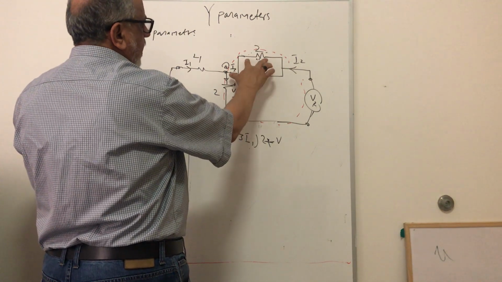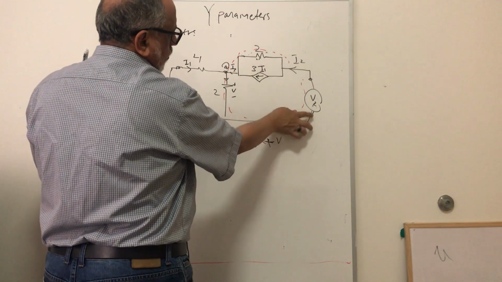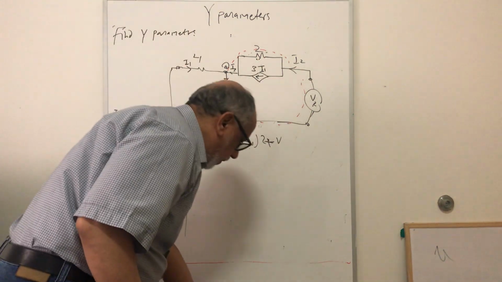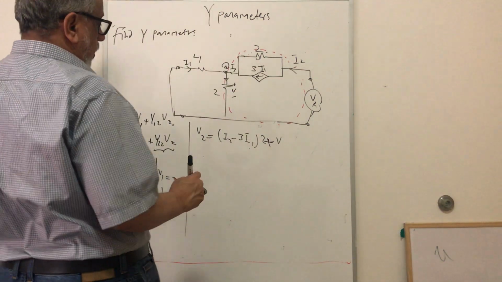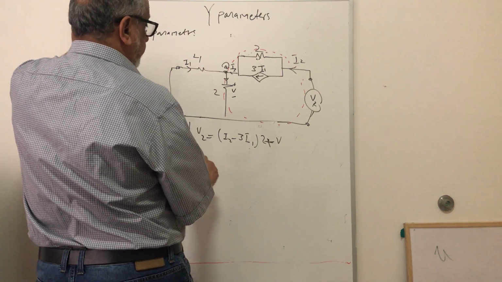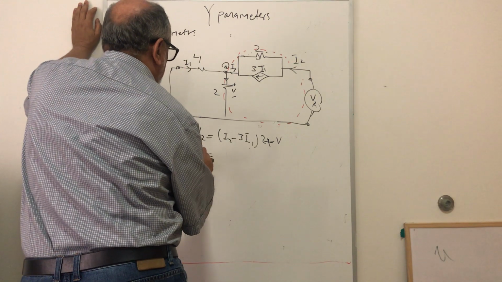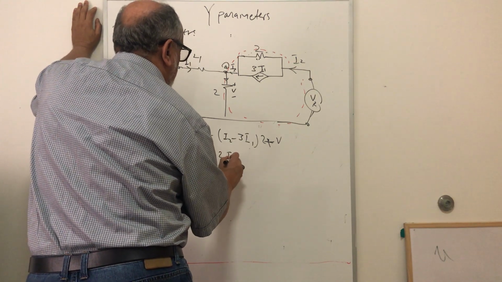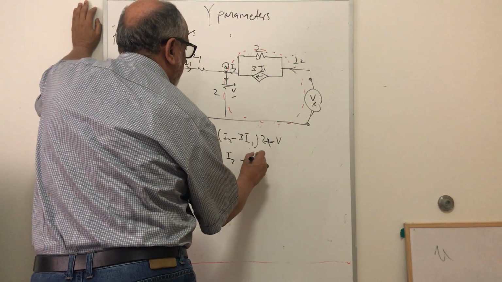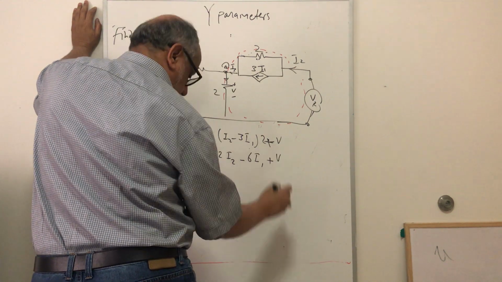This is V, and this is now not V because we have V2 and V here, right? So we have to find the relation between them. So we can say V2 equal to, if we open up this, V2 equal to 2I2 minus 6I1 plus V.